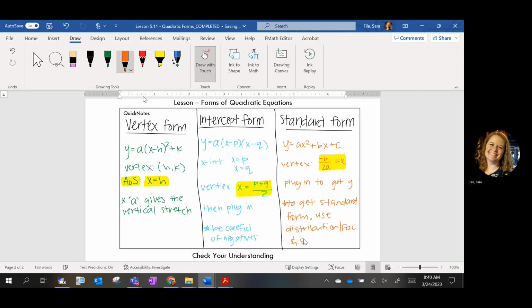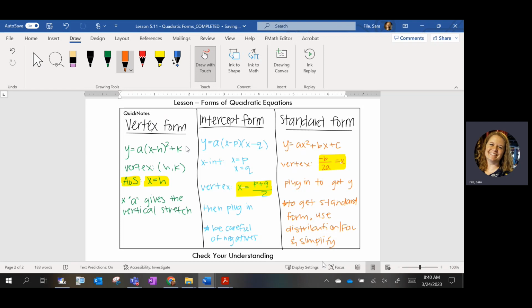Does that make sense? I could come over here and I could FOIL this out and then distribute the a, and I would be in standard form, right? Over here, I would have to do x minus h times itself. That's what squared means. I'd have to FOIL it out, distribute the a, and then simplify and add the k.